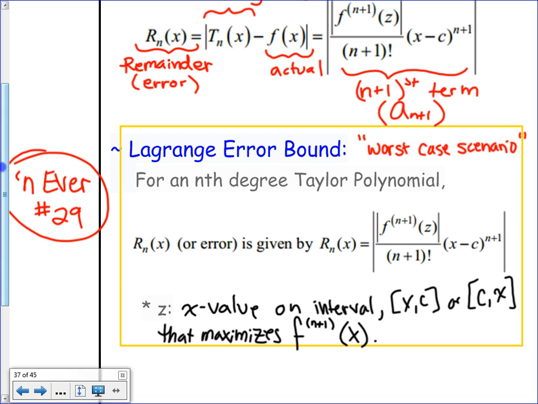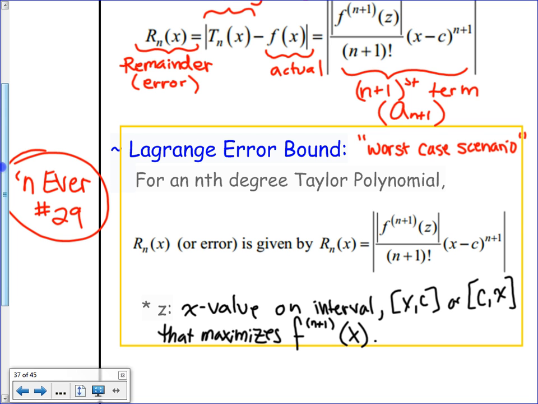So this is like my maximum error. It's the worst case scenario, which is why it's called an error bound, but it's the maximum.